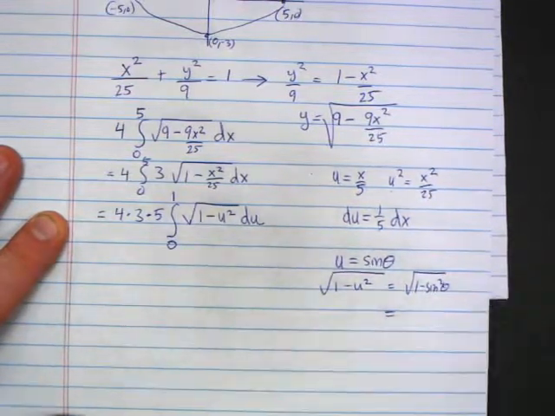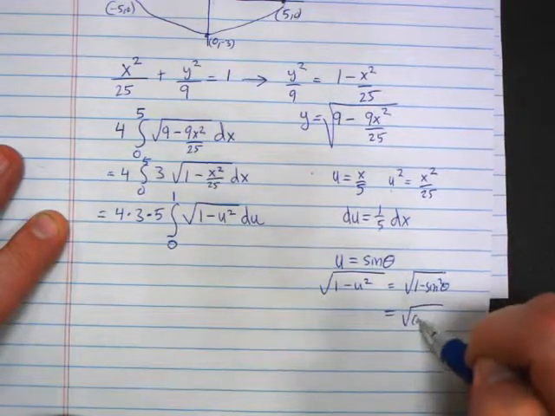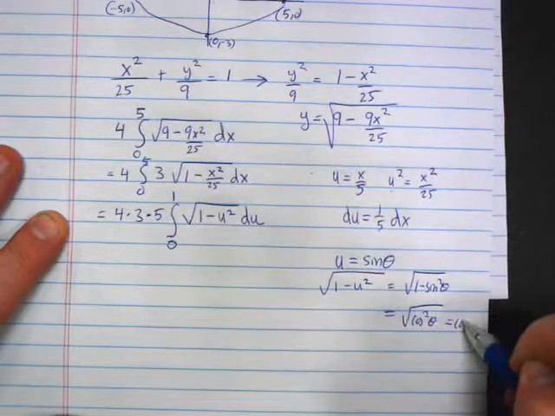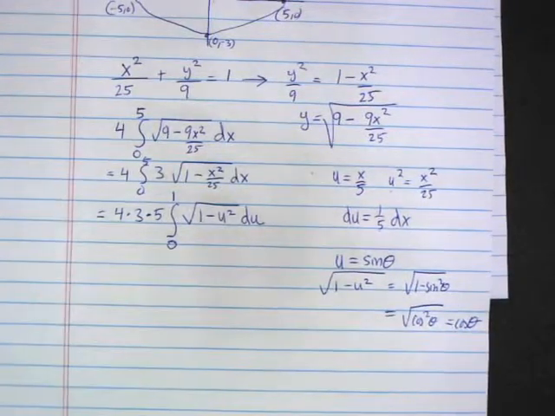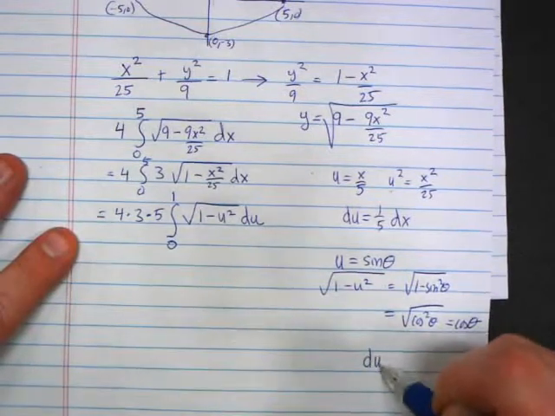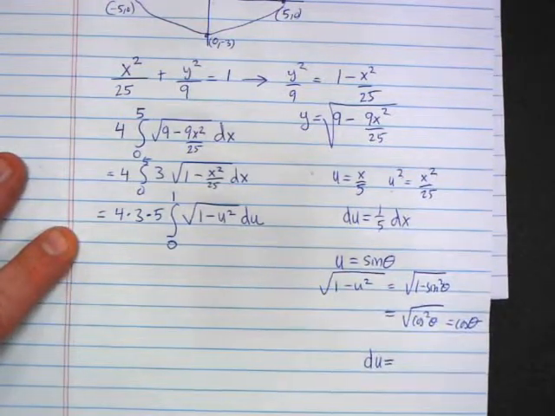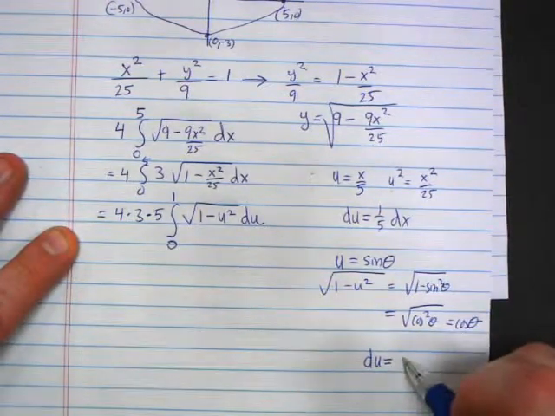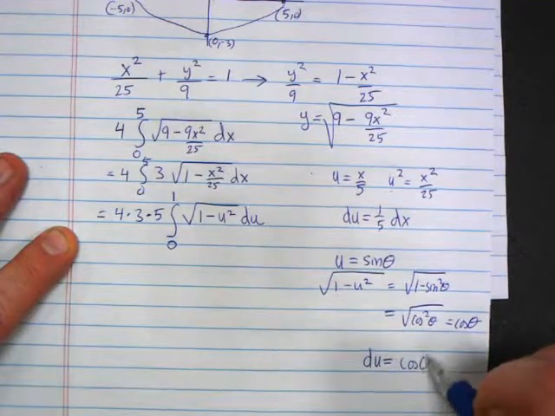And 1 minus sine squared is cosine squared, and the square root of cosine squared is cosine. And then finally du is, what's the derivative of sine? Cosine theta d theta.